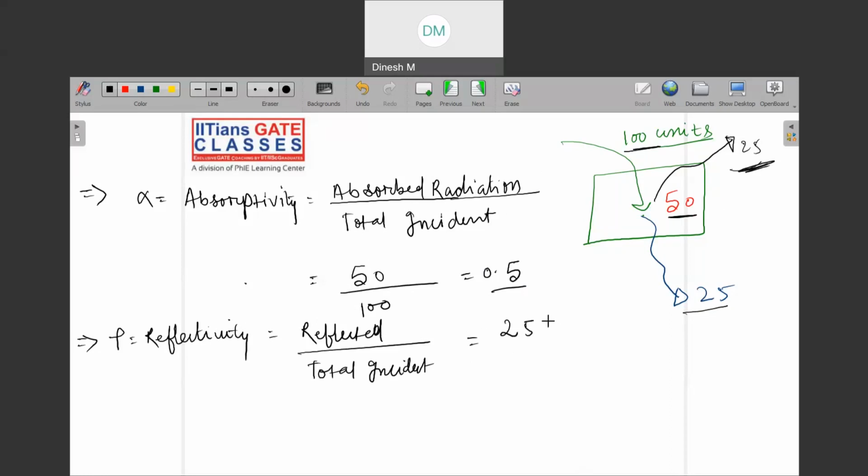So 25 you have reflected, so 25 divided by 100 is now 0.25. And then we have the third case where you have transmitted some. This is denoted by tau, and this is transmissibility. Got the idea?